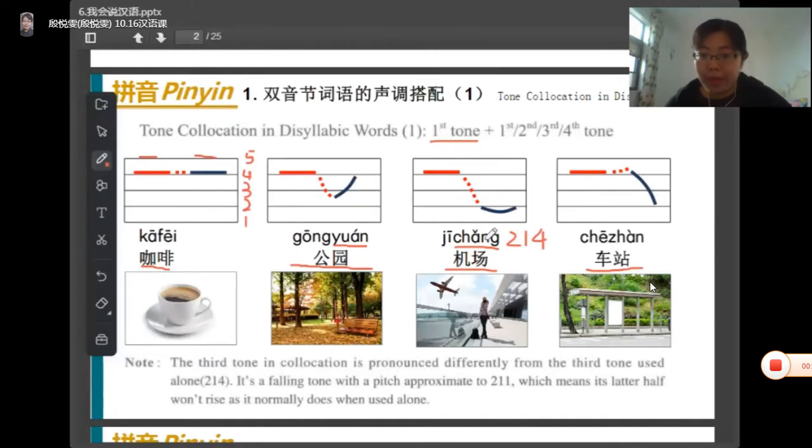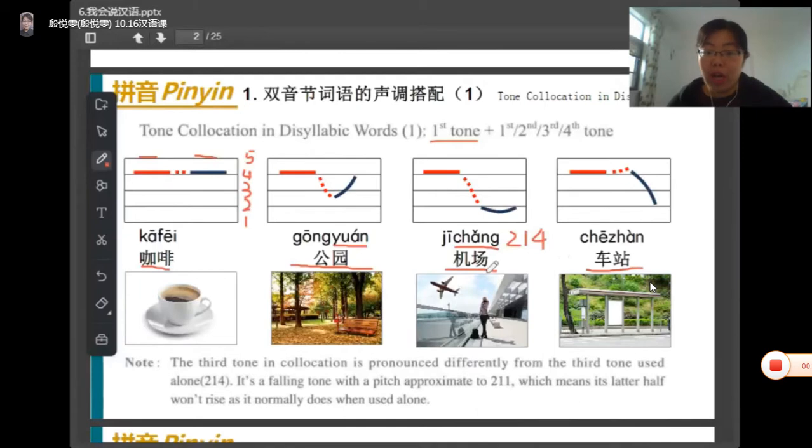This syllable still is the third tone, but the tone goes lower because it gets together with the first tone 机. So please pay attention to this syllable 场. Actually it is still 2-1-4, from middle, go lower and then higher.